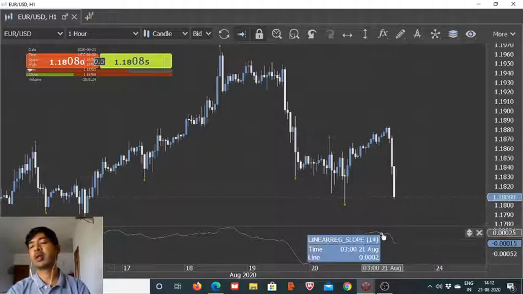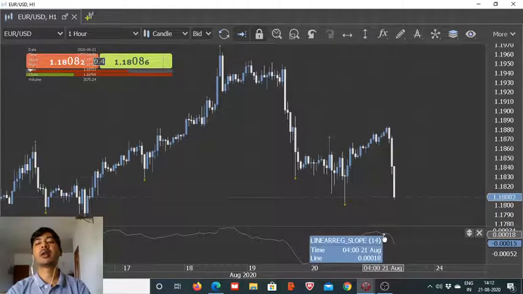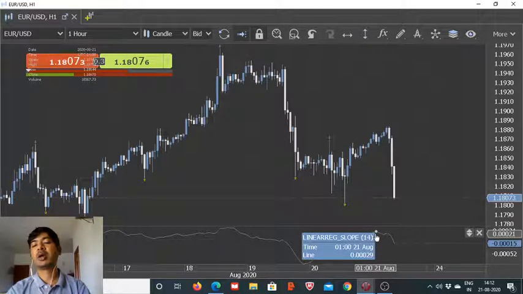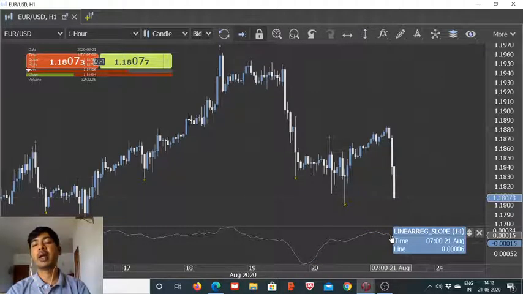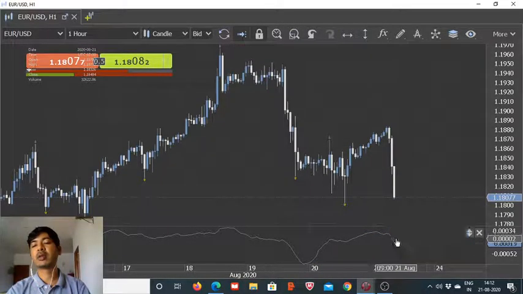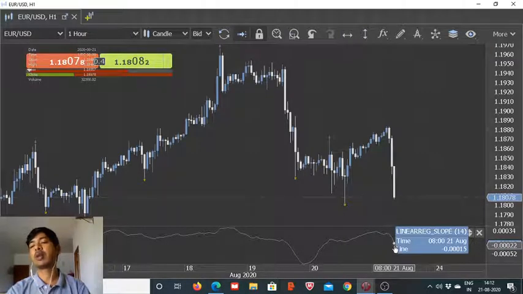As you can see here, we had this linear regression slope value above zero, but somewhere here it started to decline, and then this fall accelerated, bringing down the linear regression slope value below zero. Now we have this reading of minus 0.00015.